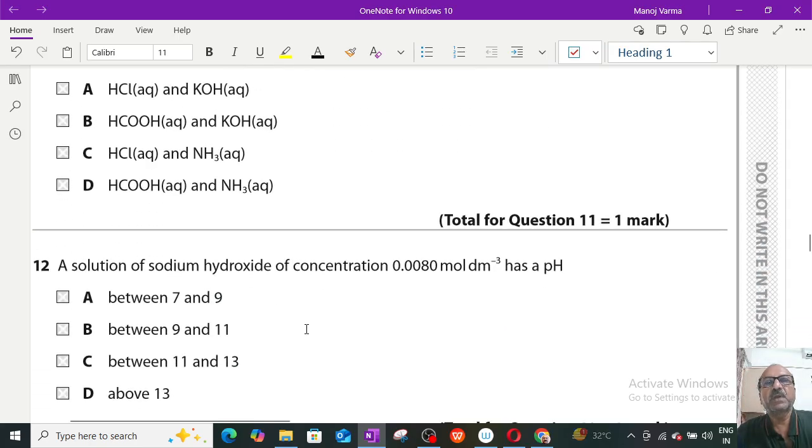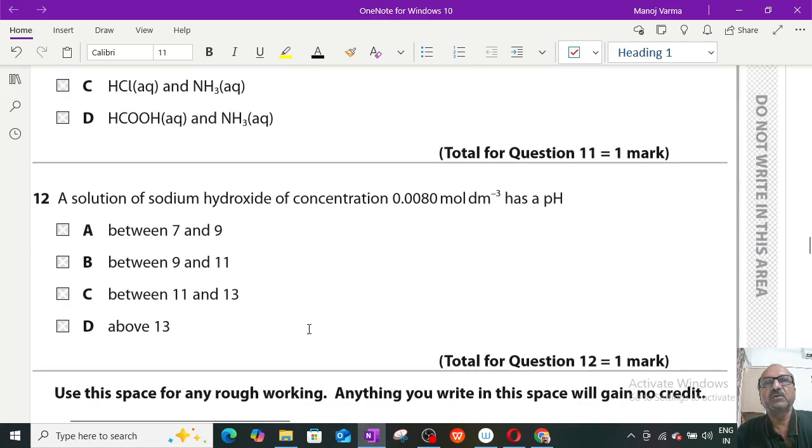A solution of sodium hydroxide of concentration 0.008 mol per dm cube has a pH of what? Sodium hydroxide is a strong base, so its pH would definitely be towards the alkaline side. Above 13 does not look possible, because that would be for a concentration of about 0.1 mol per dm cube.